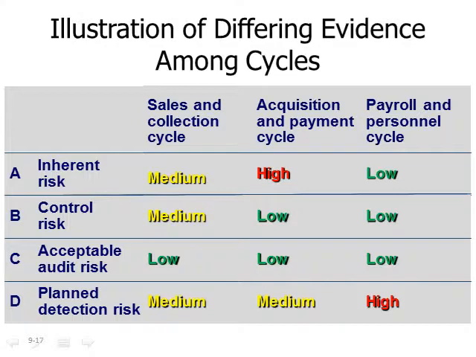And as you recall, what we talked about earlier was that we break down the business into certain business functions or cycles. And what this illustrates to us is how we're able to assess the inherent risk or the control risk or the acceptable audit risk and planned detection risk across the different functional areas such as sales and collection, acquisition and payment, or payroll and personnel.